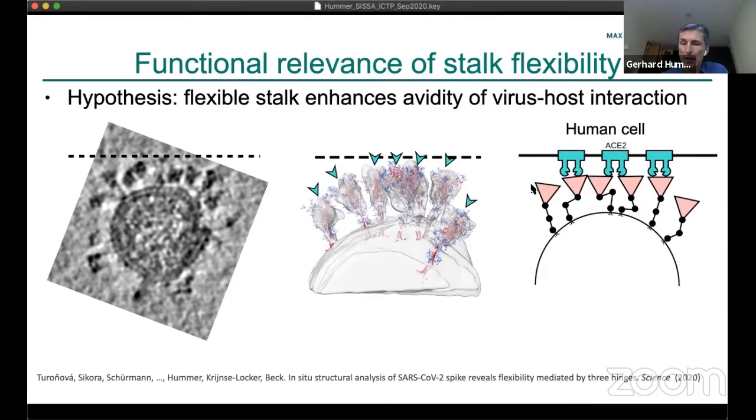And I think that by having flexible attachment points, it's easier for the virus to have multiple interactions with spatially spread out ACE2 receptors on the human cells, tightening the interaction and thereby leading to a more effective infection process.